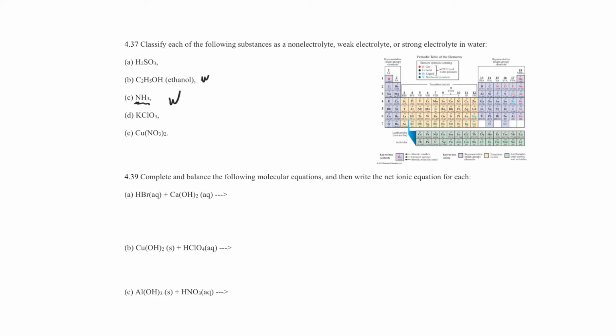The other one is acids. There are 7 acids that are strong, and 5 of them have to do with group 7. So let's look here at group 7. I've got chlorine, bromine, and iodine. If I have HCl, HBr, or HI, those are strong acids. So hydrochloric acid, hydrobromic acid, hydroiodic acid. Those 3 are strong.